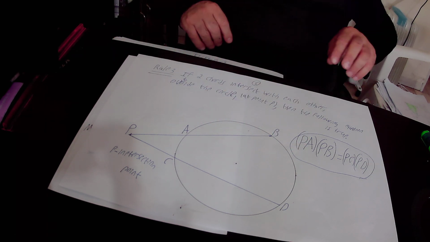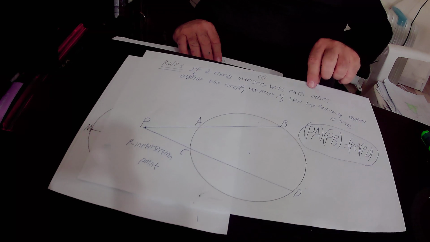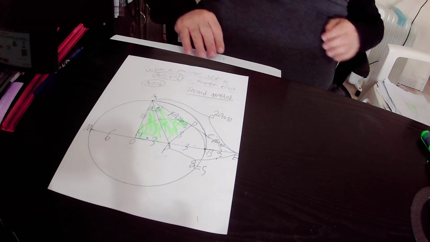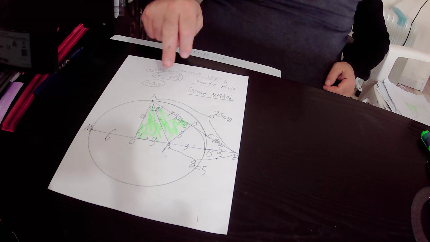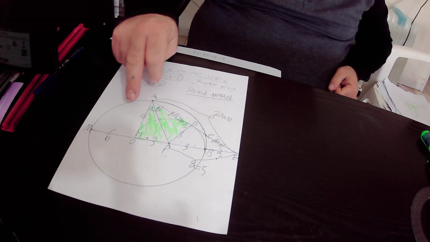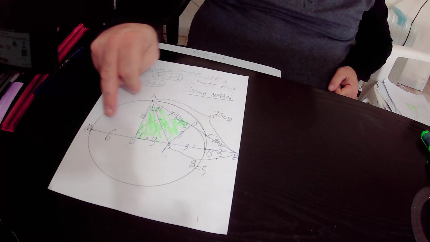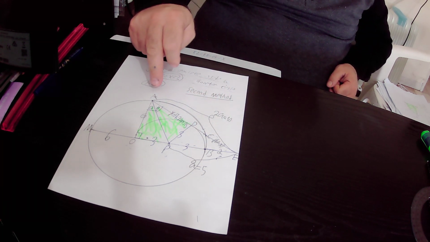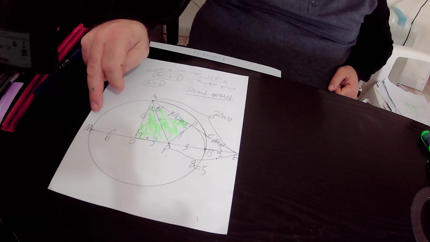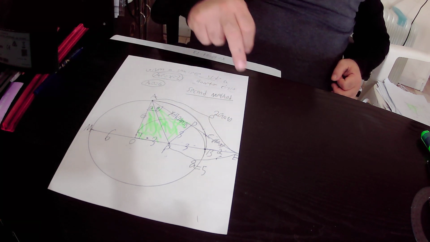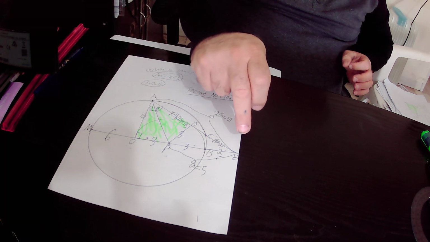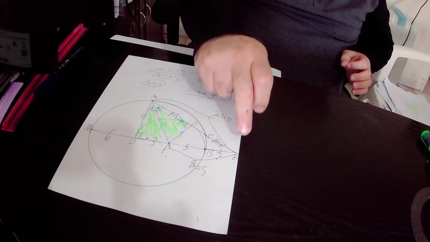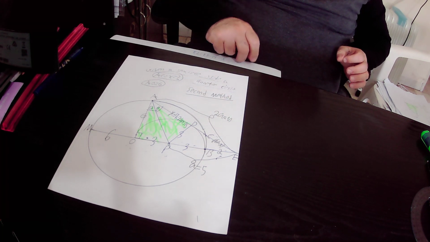We can implement rule number 3 in our drawing, because in our drawing we have chord AC that intersects with chord MB at point E. Point E is the intersection point of chord AC with chord MB, and it is outside the circle.